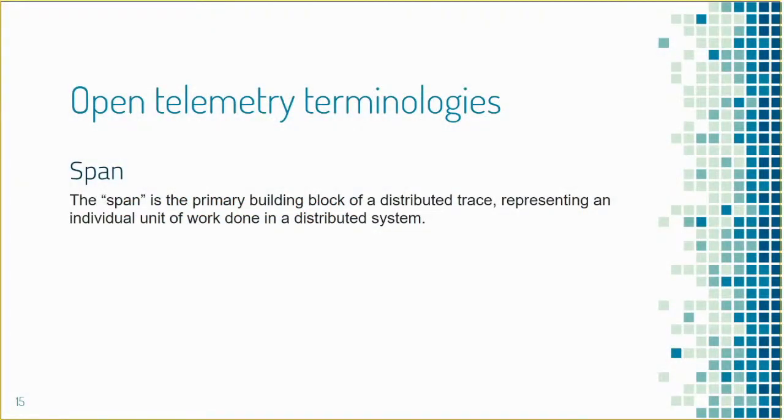There are some terminologies related to OpenTelemetry. If we know about them, it would be good. Let's go through them one by one. So let's go to span. What is a span? A span is created by instrumenting your application and its libraries, and it's the primary building block of a distributed trace.